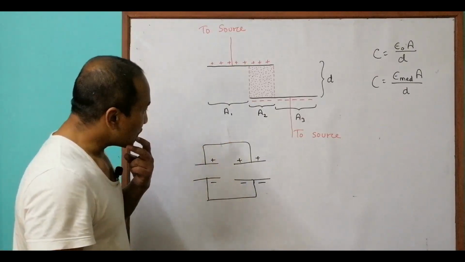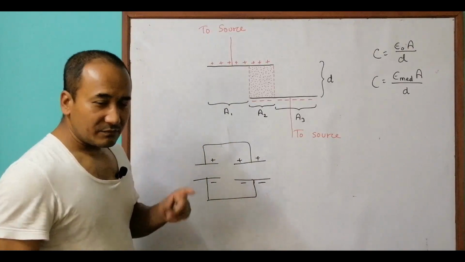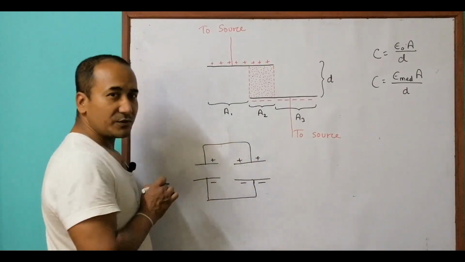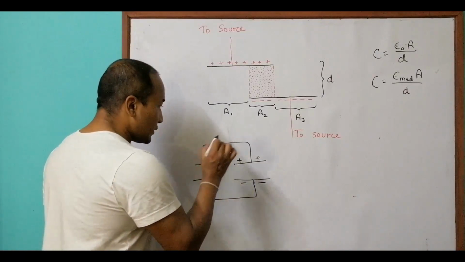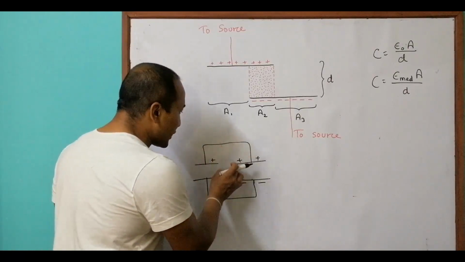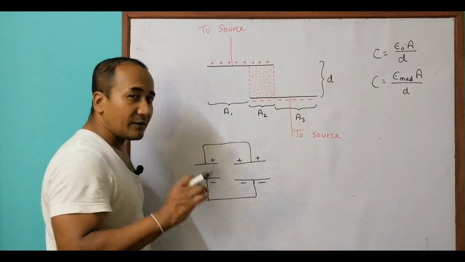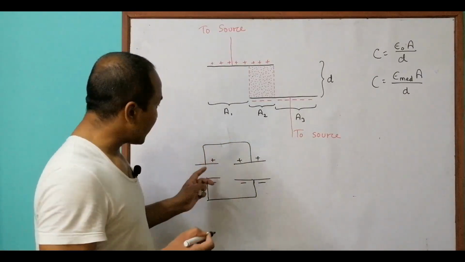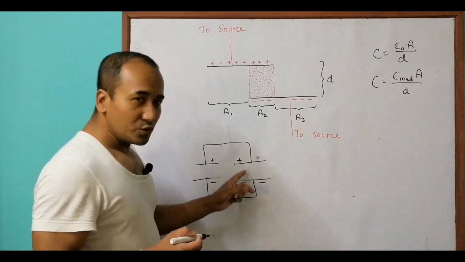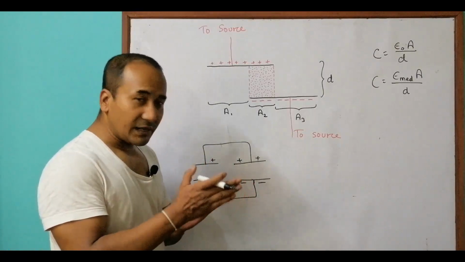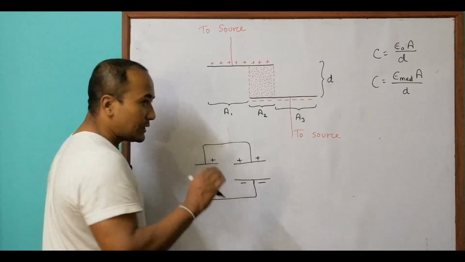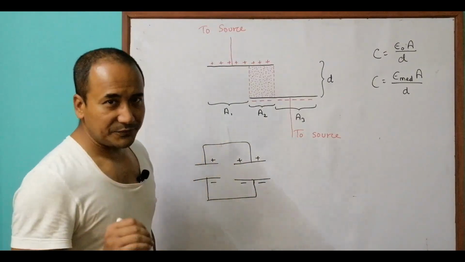What will happen to the capacitance? Nothing happens, because these plates are also conductors. Joining them with this conductor, or joining them by themselves, will have no effect at all, so the capacitance will be the same. In parallel, the capacitances directly add. And if I connect this to this and this to this, the capacitance adds because the area adds.